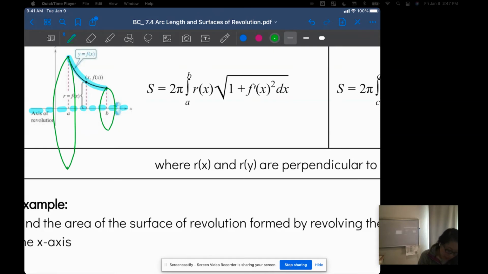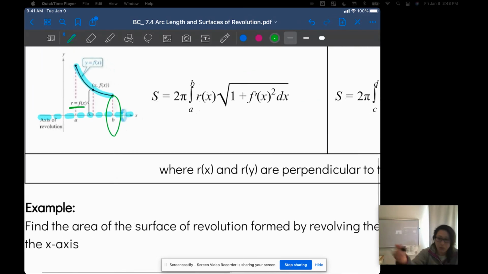So the height between the x-axis and the curve is going to represent r, and that is just going to be the top curve minus the bottom curve, okay? And because we're wrapping, this is really similar to the shell method.